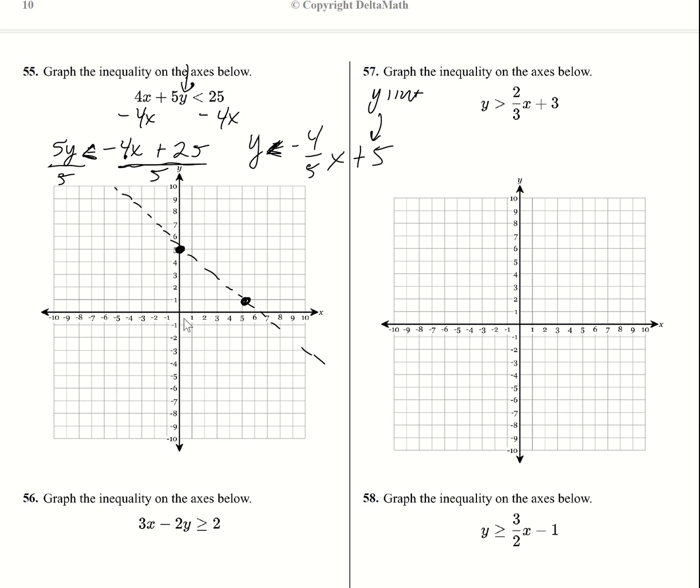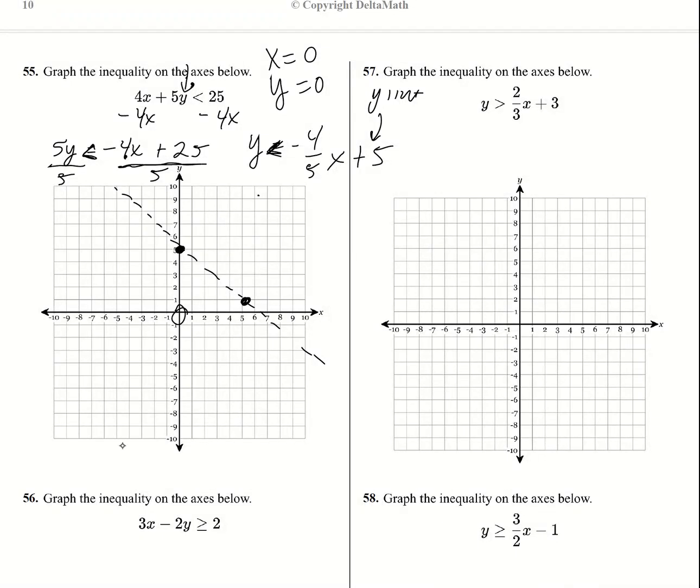Now I'm going to test a point, and the easiest point to test is the point 0, 0. That's going to tell me how I should do my shading. So I'm going to say that x is 0 and y is 0. That would be the point 0, 0 right here, and I'm going to plug those into this equation.